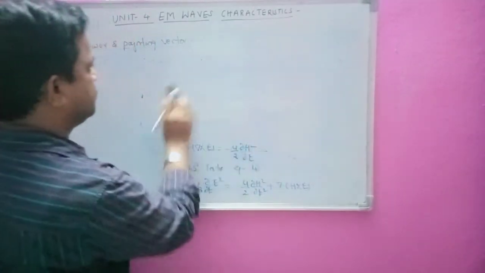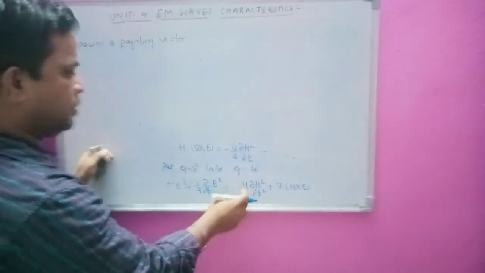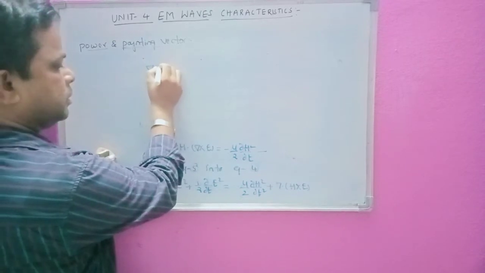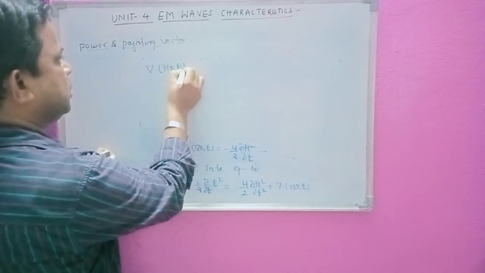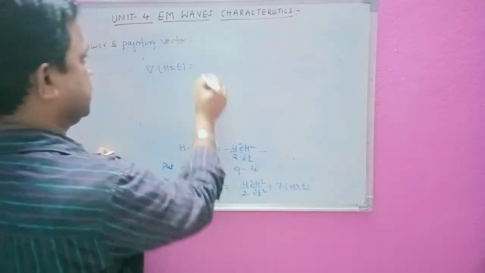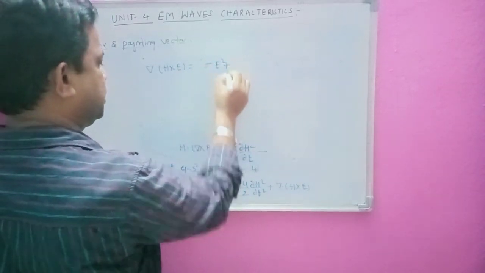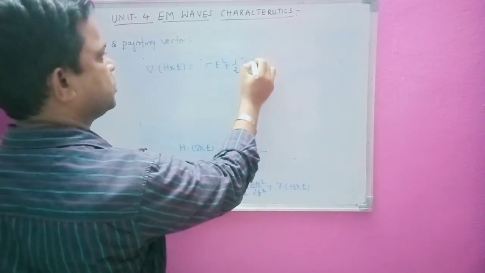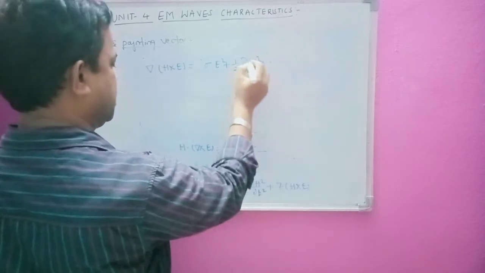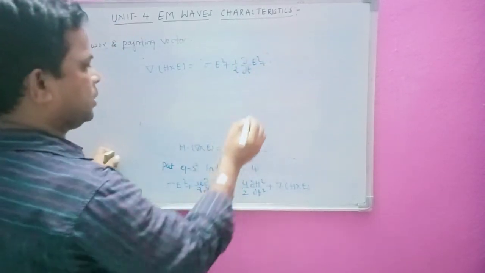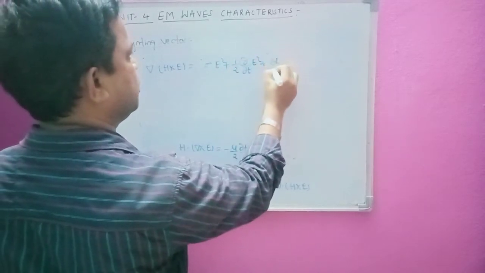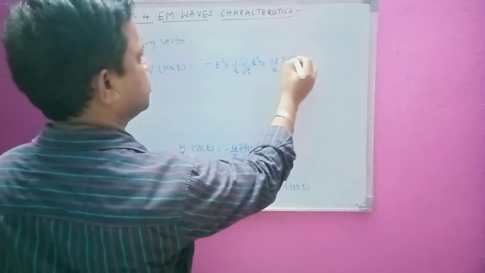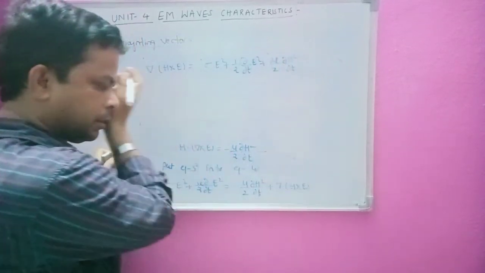So del dot (H cross E) is equal to sigma E square plus 1/2 ∂/∂t of E square plus, I forgot to write epsilon here, epsilon, that is mu by 2 ∂H square by ∂t.